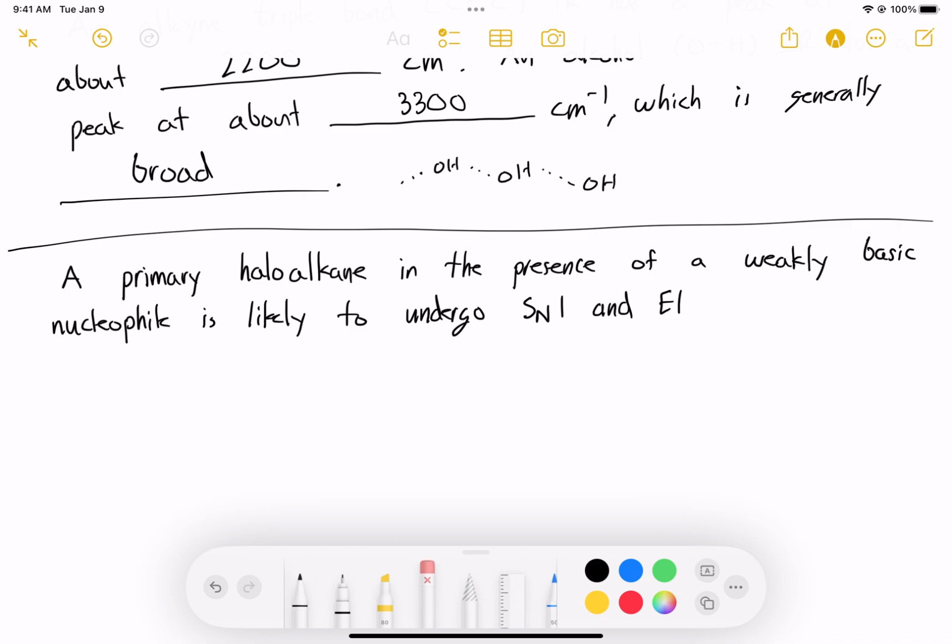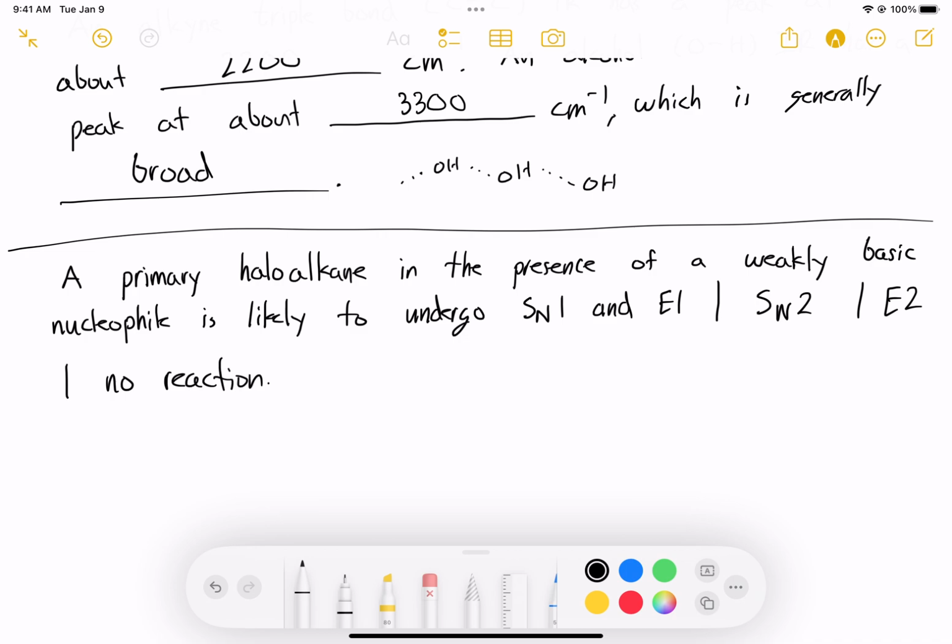SN2, or E2, or no reaction? So which one will it be?